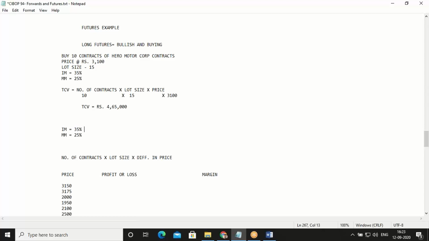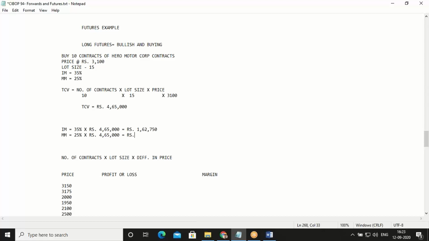Now, can you guys figure out initial margin and tell me? Okay, everybody getting this? We're only doing basic multiplication here. It's not anything complex. Are we clear with this?